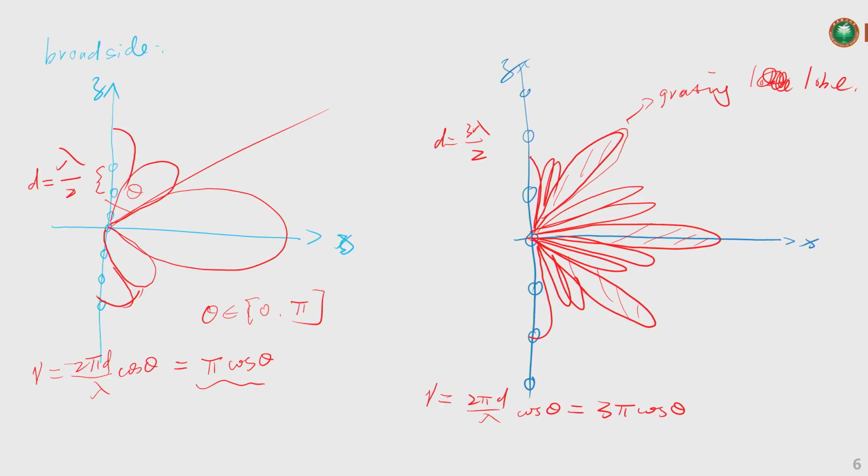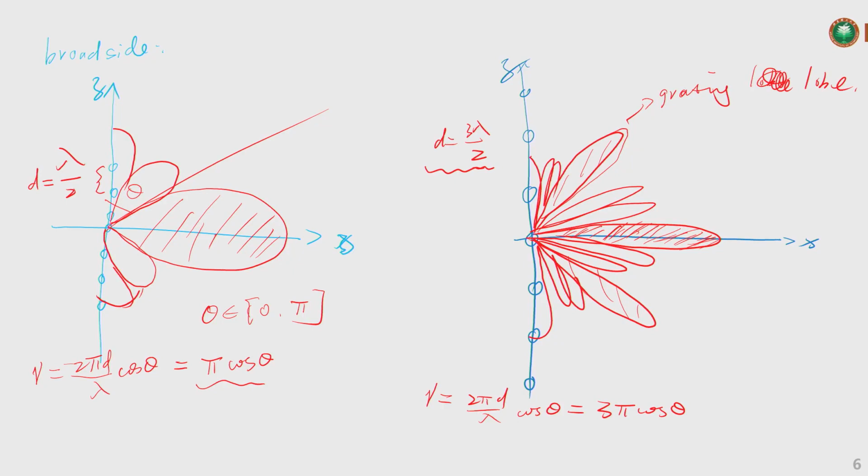So actually, for the grating lobes, we want the grating lobes to be spaced far away from the main lobe. For example, we would want our power more concentrated in the main lobe, right? So more like this one. So we need limitations to restrict the distance between two adjacent, or neighboring, elements.